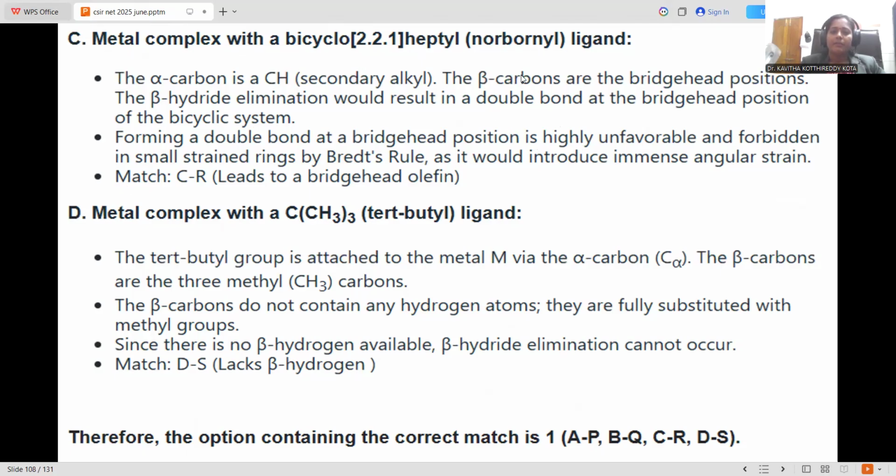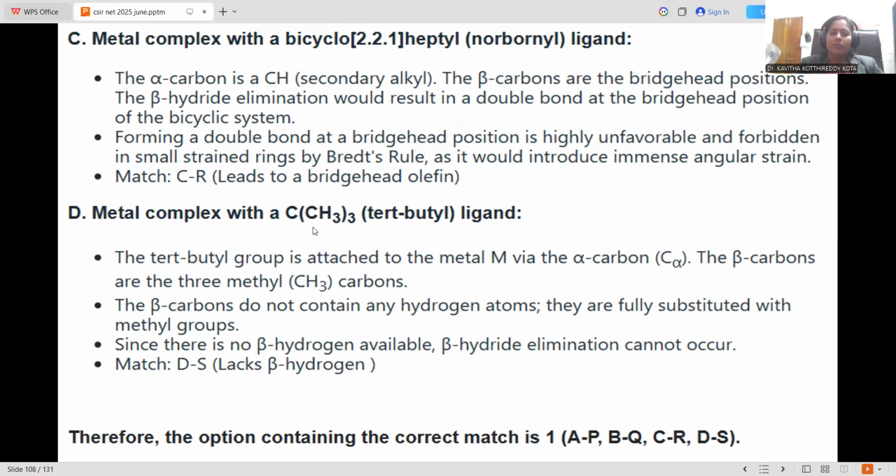In the case of this metal norbornyl complex, we have the bridgehead carbon as the position for double bond formation, in violation of Bredt's rule. That is a highly sterically strained one, leading to a bridgehead olefin, which is prohibited, so there is no provision for beta hydride elimination.